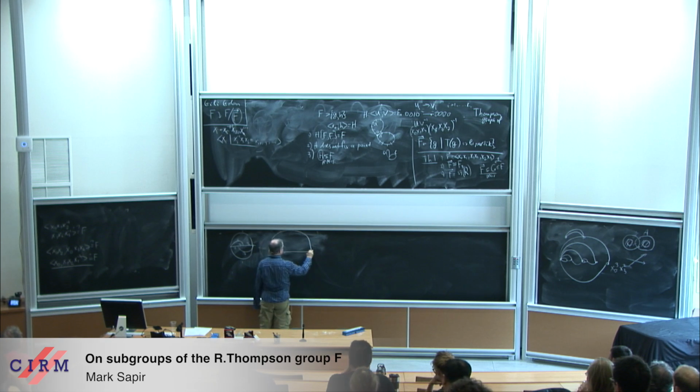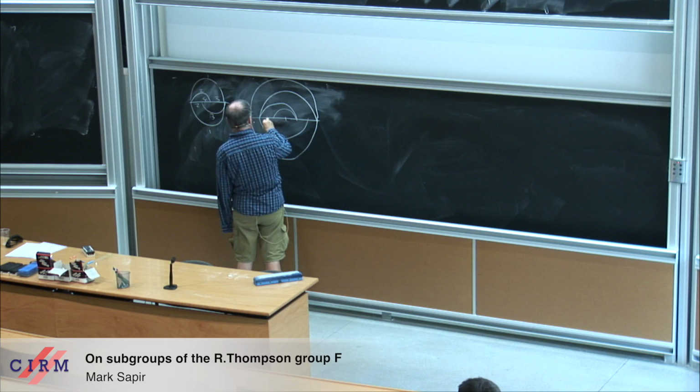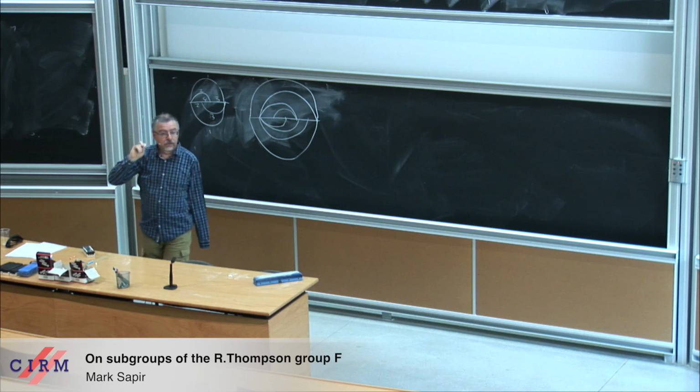This is x1, this is x2, and then we have to do x1 minus 3, so it is x1, x1, x1.